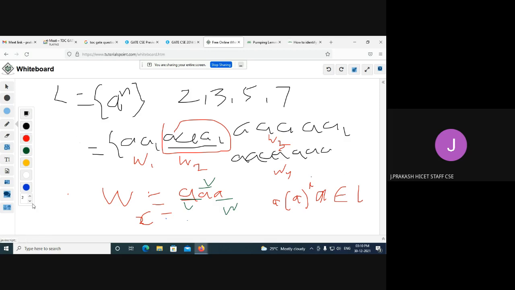Now I equal to 0, 1, 2 up to infinity. Substitute the value for I. A power 0, A belongs to L. What is L?